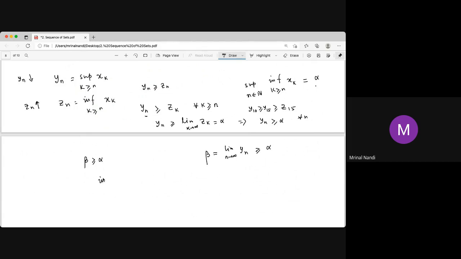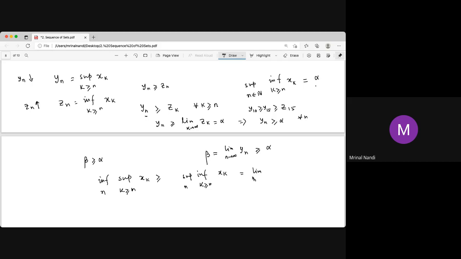So that means if you take the supremum first, then the infimum over x_k, it is greater than or equal to what you get if you take the infimum first and then the supremum. This will be less. And actually this is nothing but lim-inf.